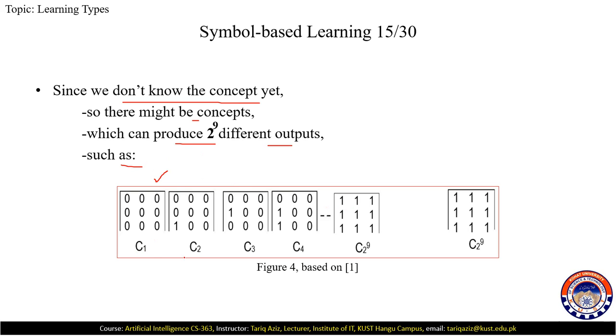Begin from C1, then C2, then look at C1 is this, C2 is this, C3 is this, C4, all the way to C_{2^9}. Okay, we have all these possible concepts. Okay, and we don't know the concept yet. What does this mean that we don't know the concept yet? We will discuss this when we move on.